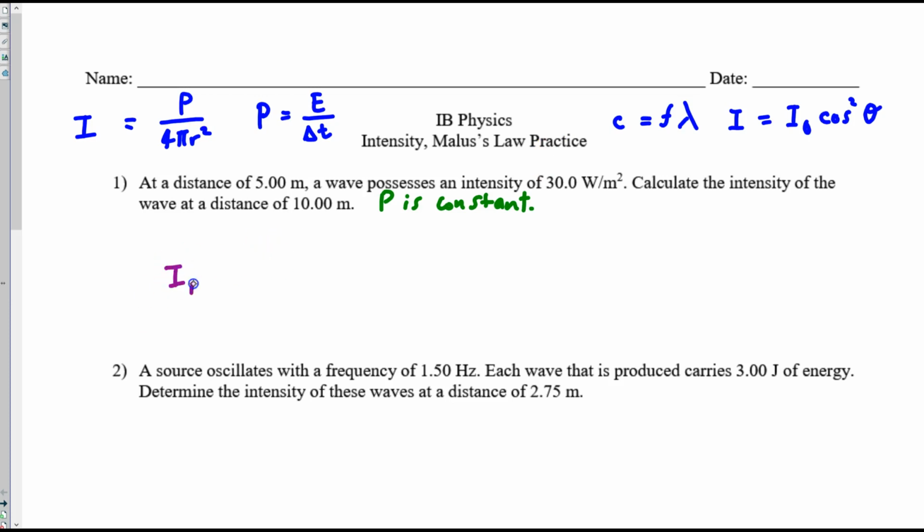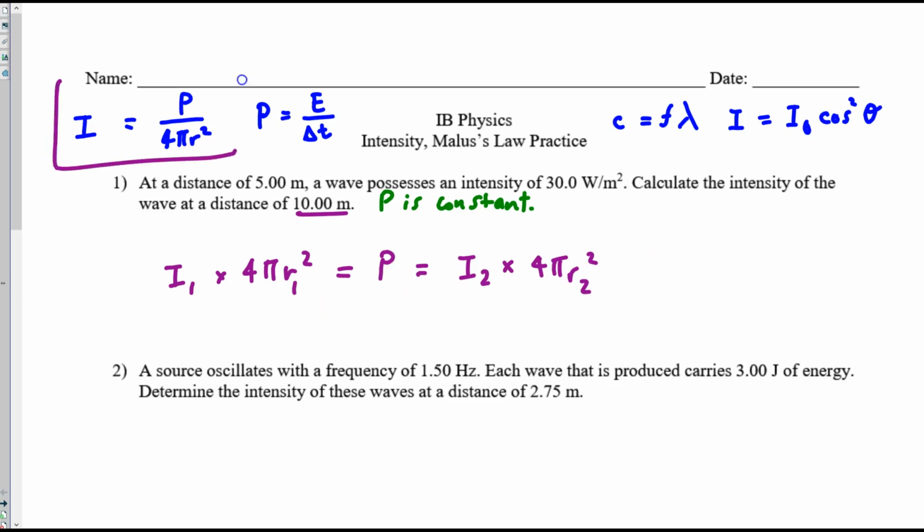You could say the first intensity times 4 pi times the first r squared equals the same power that you'd get when using the second values for later on when it's at this bigger distance. Now, what are we doing here?